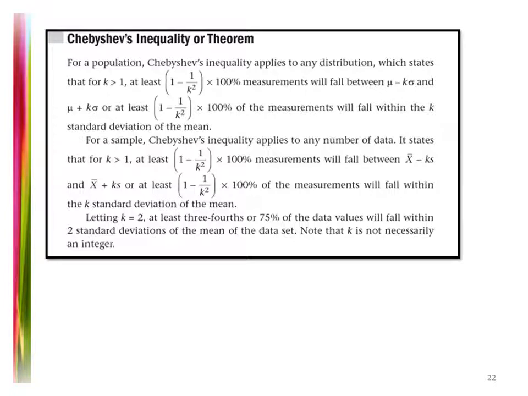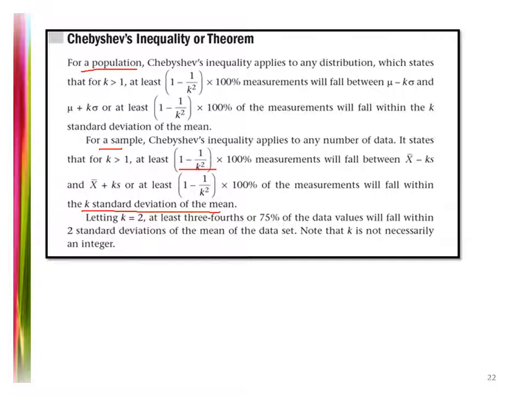In the equal case, 1 minus 1 goes to 0, so that is meaningless. Or we can say at least 1 minus 1 over k squared, times 100%, of the measurements will fall within k standard deviations of the mean. So this is the sample case, and that was the population case.